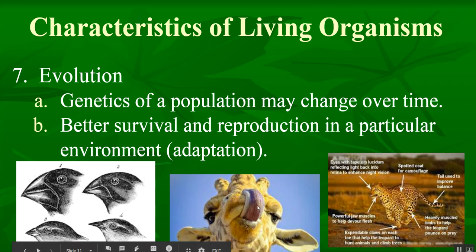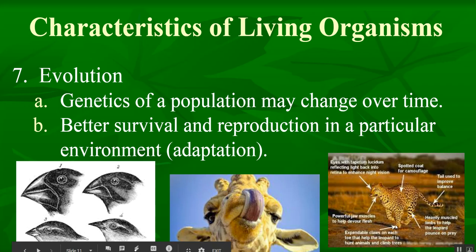A cheetah over here has lots of adaptations. It's one of our fastest land mammals. So one of them is the tail, used for balance, and the spotted coat for camouflage. It's very heavily muscled in its legs for pouncing or running. It has retractable claws. So most of you are familiar with house cats who can make their claws go in and out.